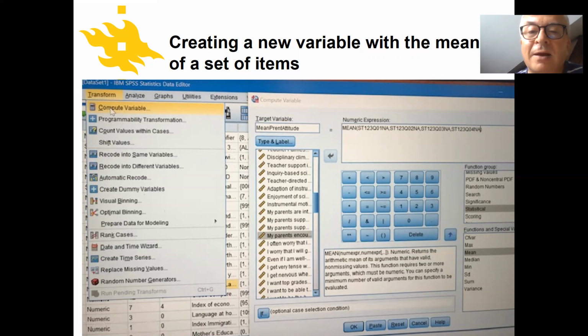Now you would already have the basics of the idea. Then you just put in the variables that you are interested in. So you select the variables over here, and you get them in here with a comma in between. So that would be the mean of the 4 variables that we have been interested in. And those together would be mean parent attitude. So we give a name for the new variable that we are creating.